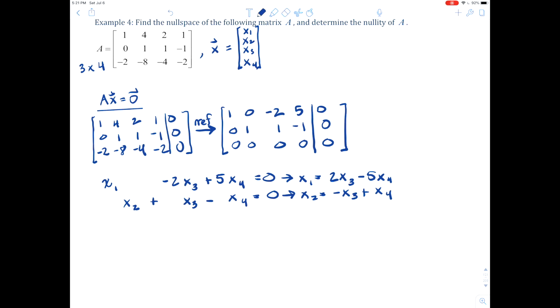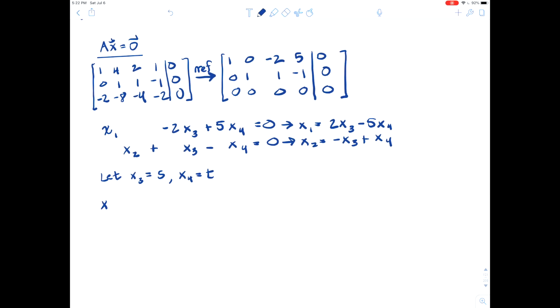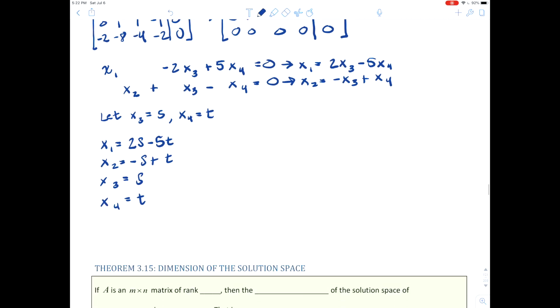And if I were to let x3 equal to s and x4 equal to t, what will we have? x1 will equal 2s minus 5t. x2 is going to equal negative s plus t. And then, like we said, x3 was s and x4 was t.